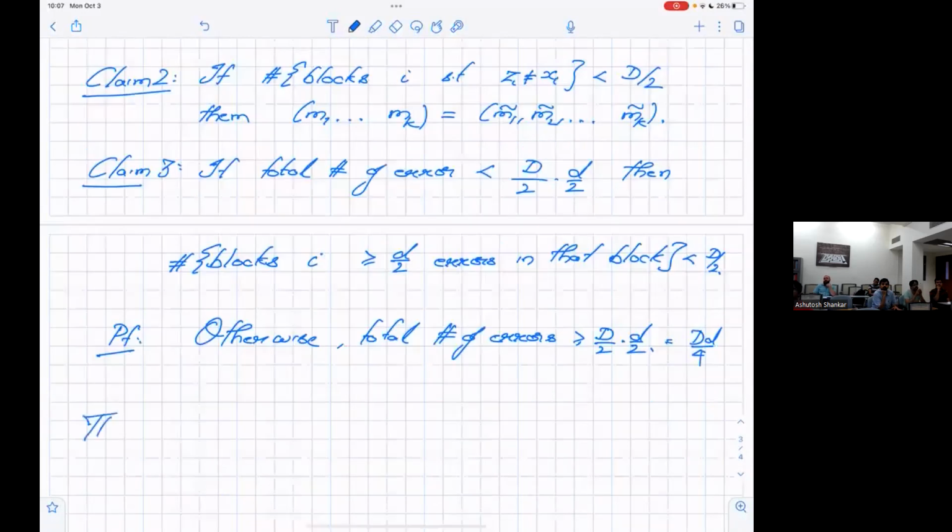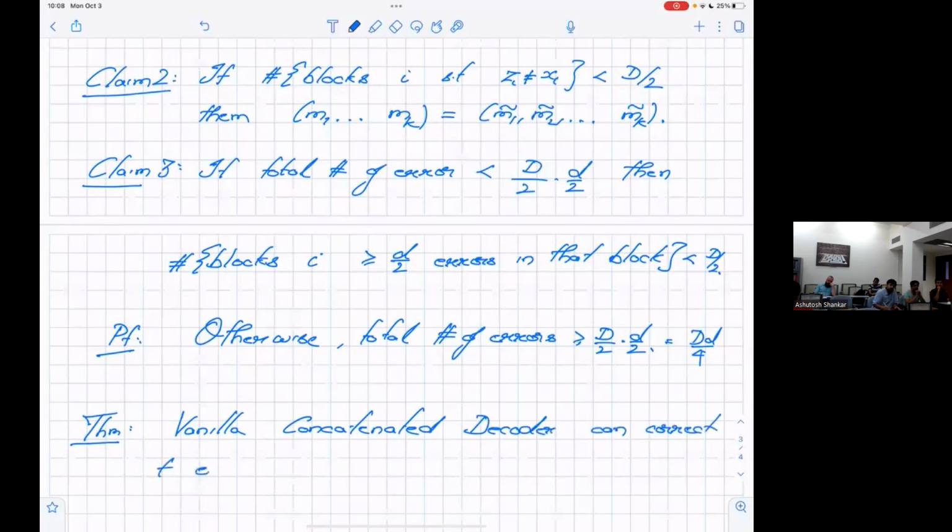So what does this say? The conclusion of all of this is the vanilla concatenated decoder can correct P errors, not can, as long as, if P is less than dD by 4.